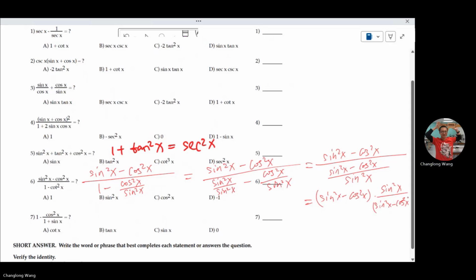And you realize that these two cancel, and that's how you get sine squared, right?